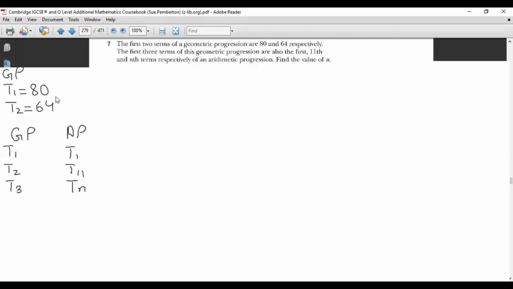Now T1 and T2 are given to me. We know that in a GP, T2 divided by T1 gives us R. So 64 divided by 80.